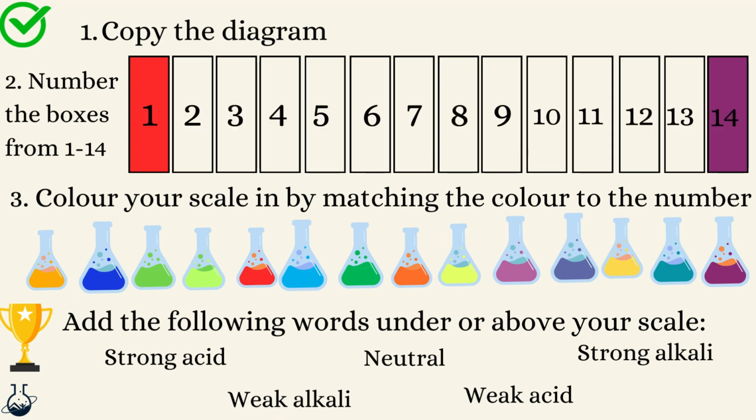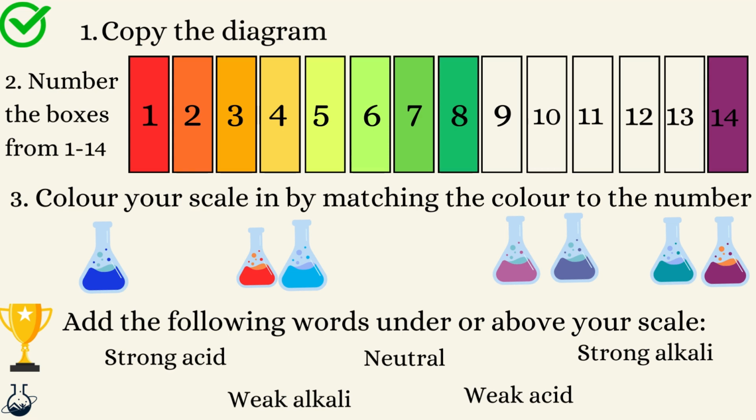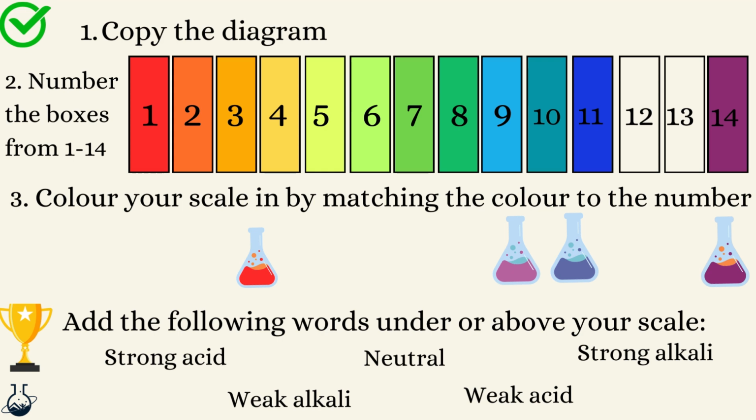Then these can be numbered from 1 to 14, which we gradually start to colour in using smooth colour transitions of pH 1, red, to 2, orange, 3, lighter orange, 4, turning more yellow, 5, a yellowish green, 6, a light green, 7, green, 8, darker green, 9, blue, 10, darker blue, 11, darker blue, 12, bluish purple, 13, purple, and 14, dark purple.